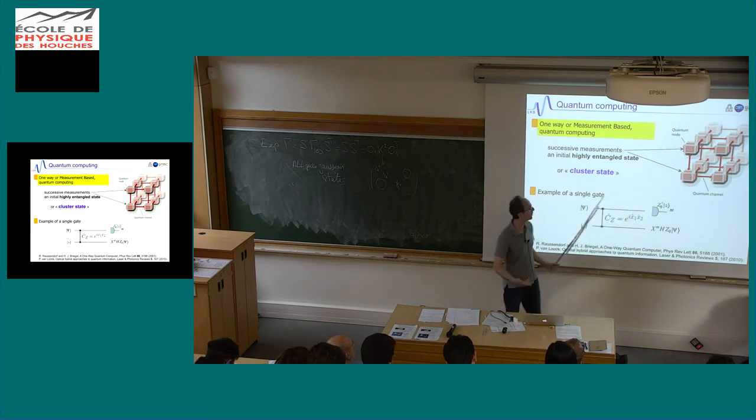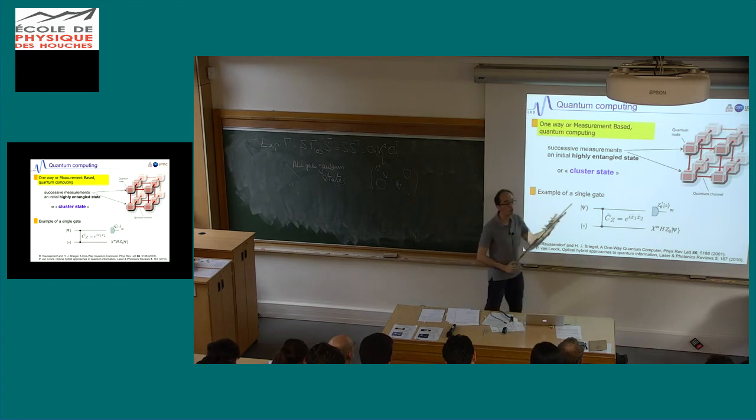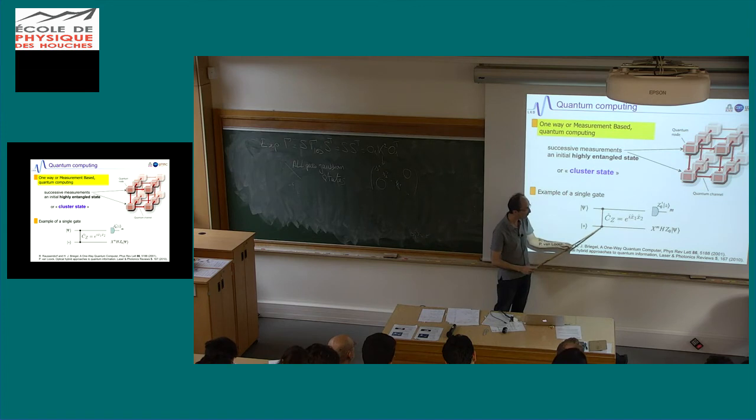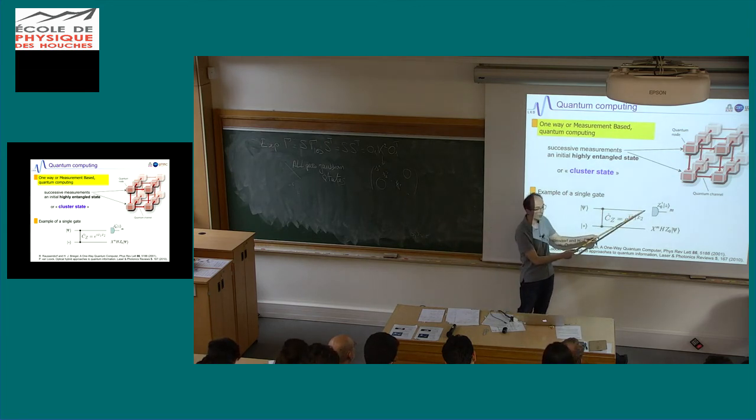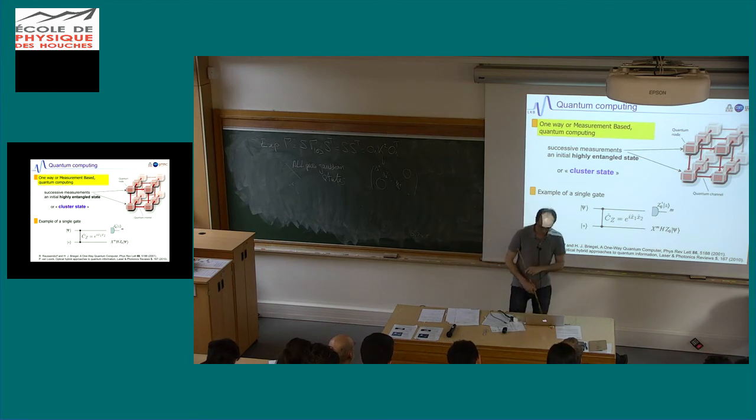You generate a big entangled state and you do measurements on this state to do your computations. For instance, you have two modes, you entangle them in some way, and I will come back to that, and you do a measurement on one, and on the output you have done something on your input state. Okay, so that's a way to do this kind of thing.